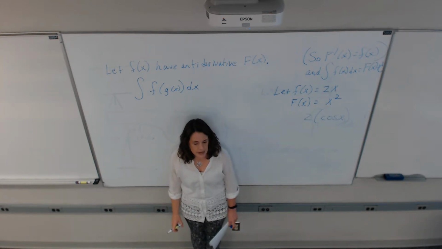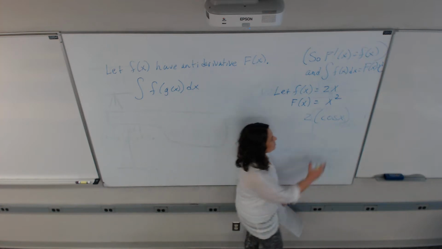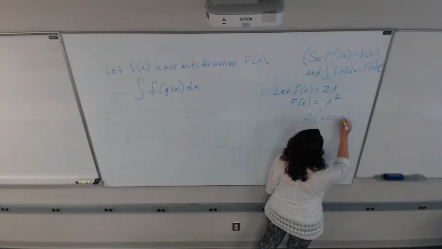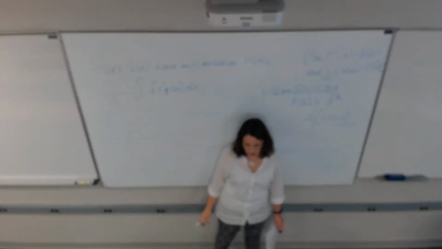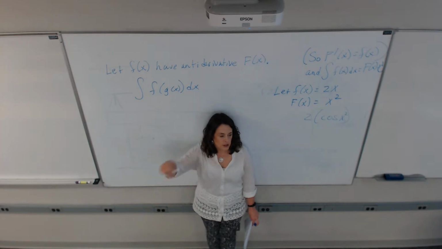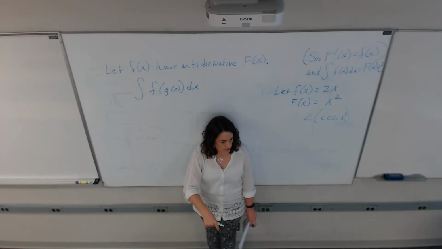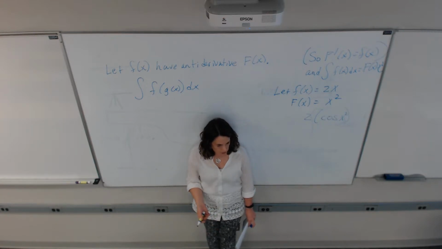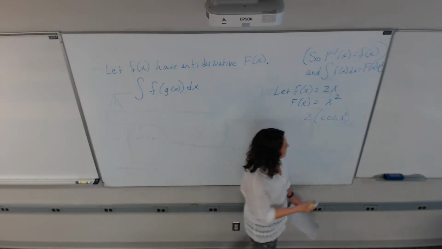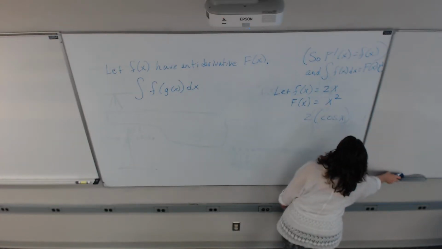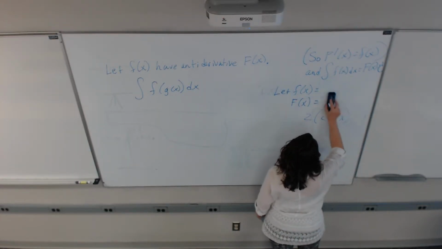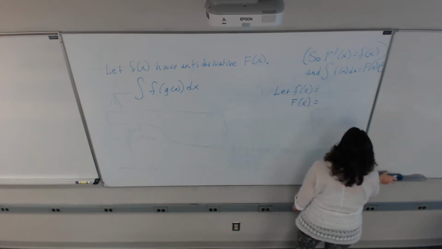Or you can even nest them, and you could do something like that. You have a function inside a function, right? Does that make sense? If I made it more complicated, you could have done it without using U substitution, but you would have had a harder time on the next one.